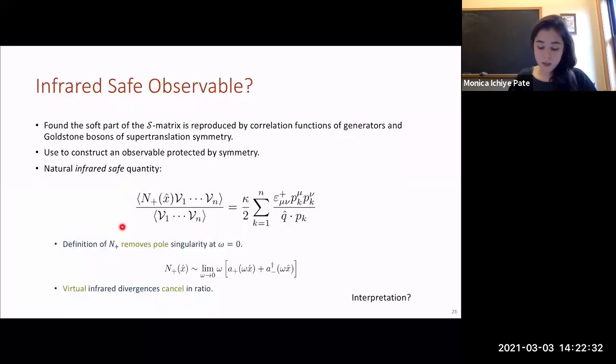But what is the interpretation of this ratio? We'd like to say that it's a nice observable that's protected by symmetry.